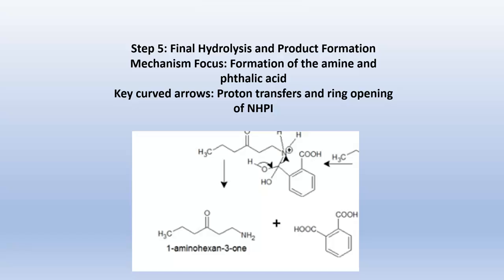The NHPI undergoes hydrolysis, giving phthalic acid as one product. And the nitrogen that originally attacked now ends up as a neutral NH2 group, yielding 1-aminohexane 3,1. This is the final step that completes the full hydrolysis reaction and regenerates stable byproducts.